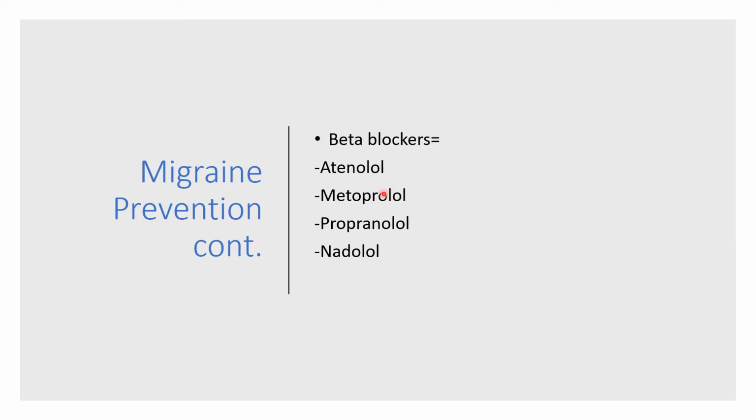They should take beta 1 selective, because when you block beta 2, the bronchi will be in trouble. So we'll be careful about the type of beta blocker in a particular type of patient. Now, somebody having migraine and COPD at the same time, or migraine and asthma at the same time, propranolol would not be welcome here.